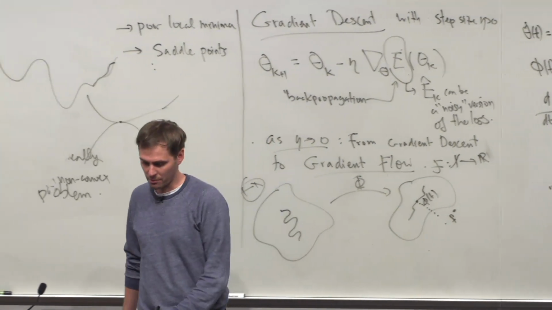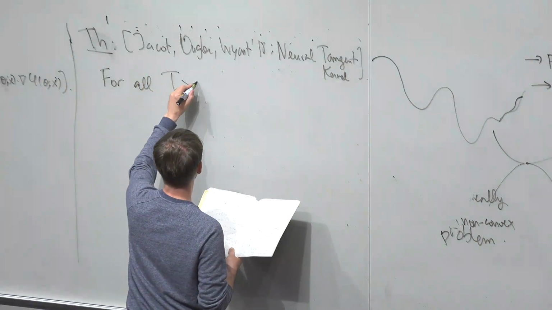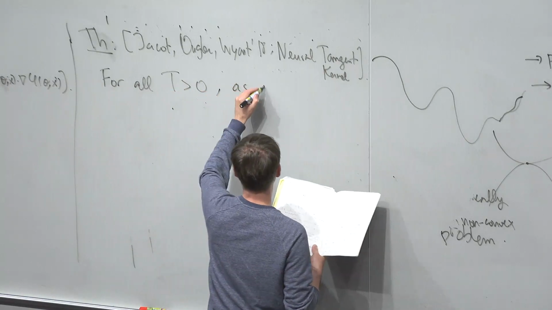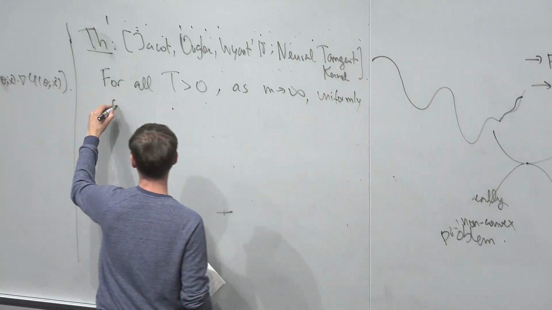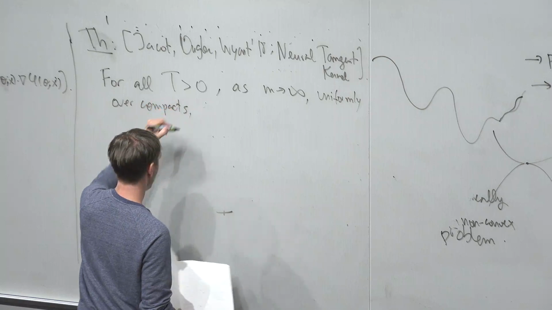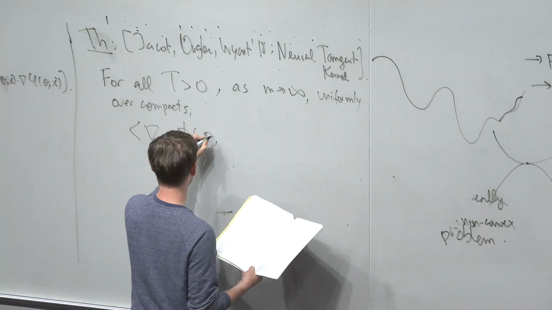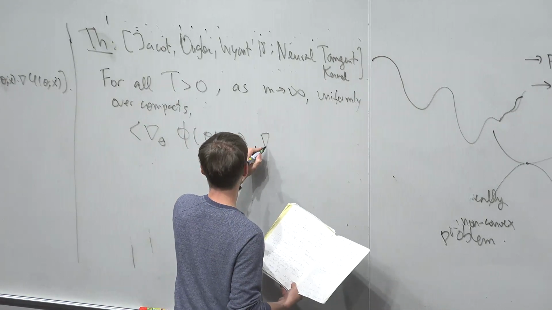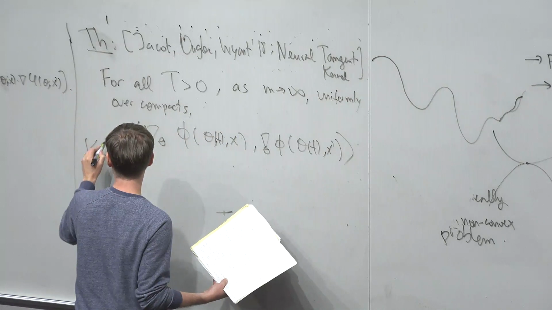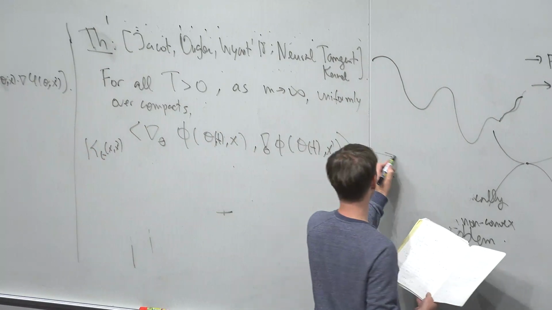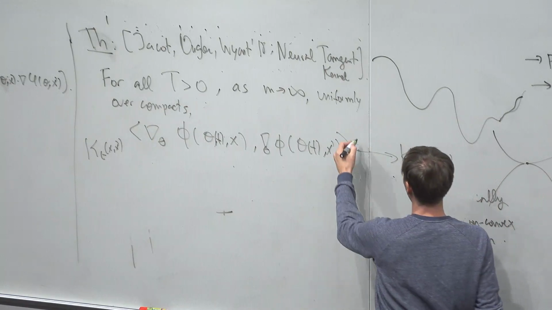So in other words, if I go back to this model, what I know is that for all times, as m goes to infinity, uniformly over compact sets, this kernel that we described before, theta of t x with the gradient of theta of t x prime, that's what we call kt in our notation, in fact converges to this kernel k infinity as m goes to infinity.